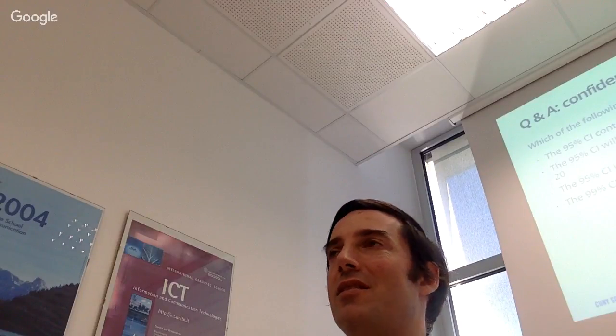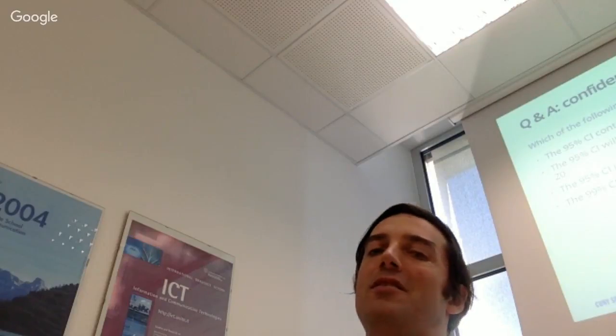The 95% confidence interval will contain the population mean 19 times out of 20. Let's say this is not actually 20 times, but averaged over 1 million times, 19 out of 20. We've drawn 1 million samples. 19 times out of 20 of those, the 95% confidence interval will contain the true population mean.